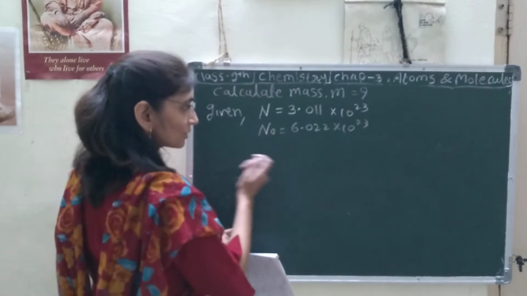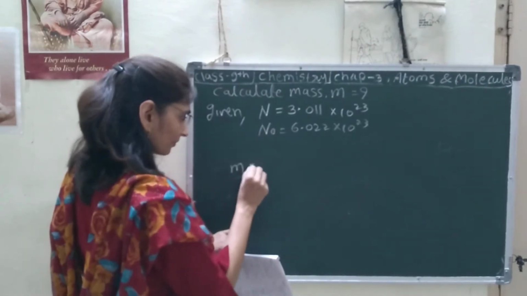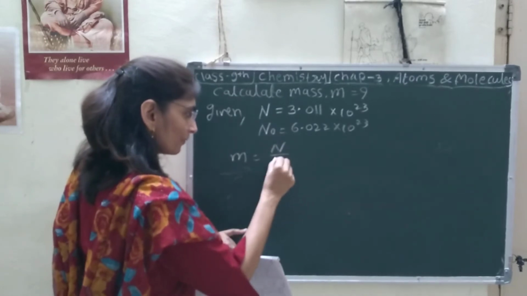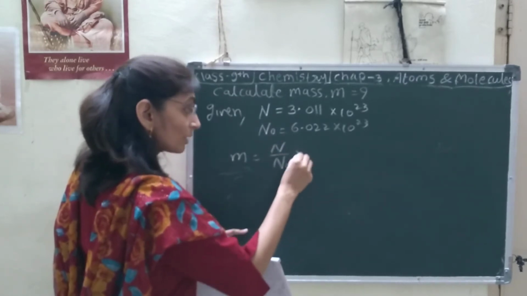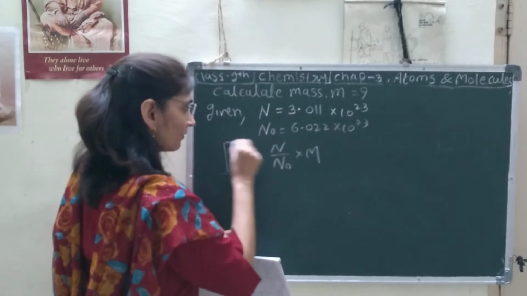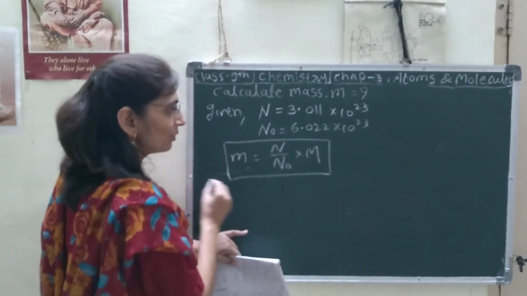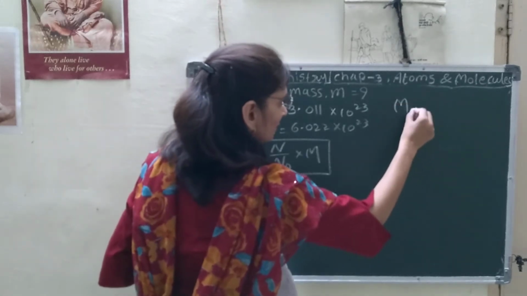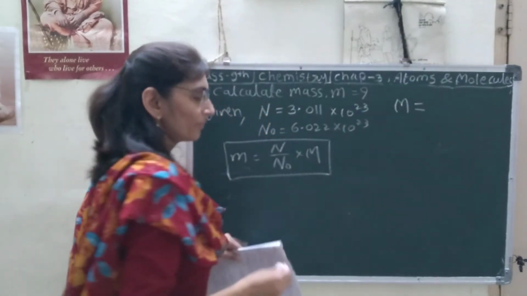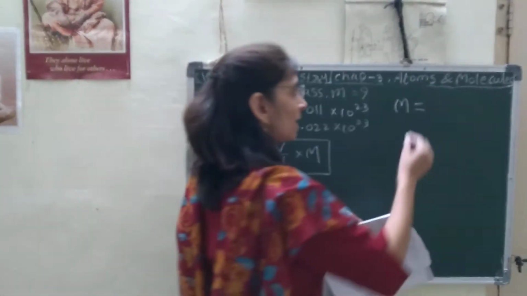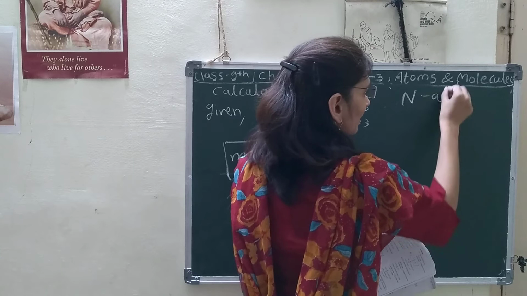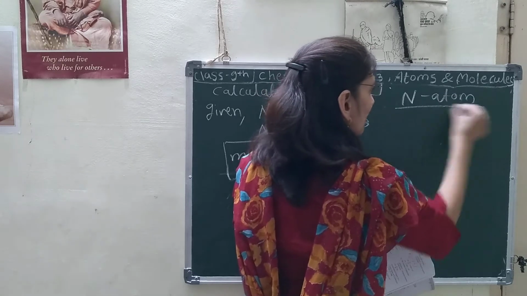So what will be the m? M will be n upon n0 into capital M. This is our formula. We have to put the value. And what will be the m here? We are calculating for N atom, means nitrogen atom we have to take here.